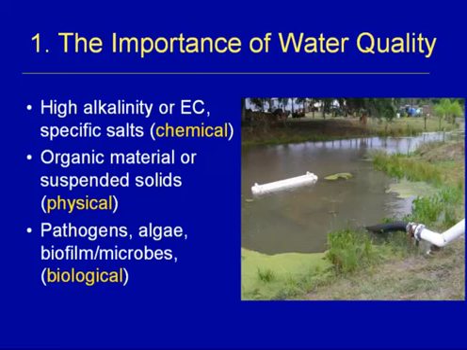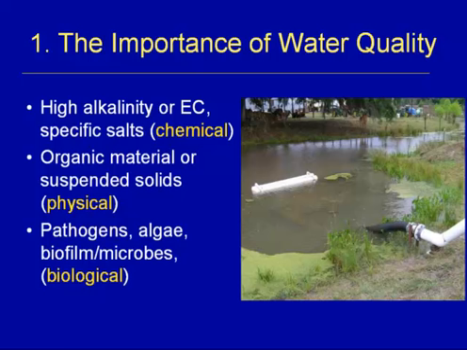Now, when we talk about water quality, there are chemical aspects, which we're very familiar with as growers: the EC, electrical conductivity, the specific salt levels that you get back from a lab analysis, and alkalinity, which you can think of as dissolved limestone in the water. All of those are going to affect plant health. There are also physical aspects of water quality, so how much organic loading, peat particles, soil, suspended solids, and so on are in your water source.